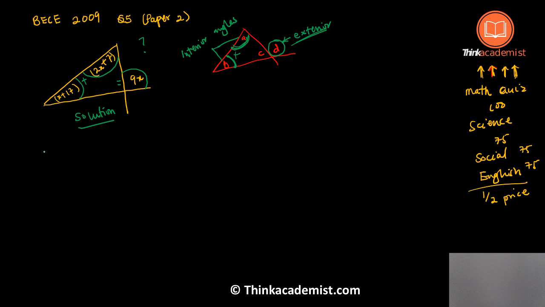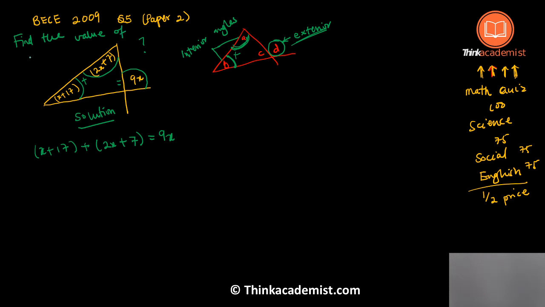So it becomes x plus 17. Let's put it in brackets because it was in brackets. Sum means addition, so we are going to add 2x plus 7 equals 9x. Now the question is saying that we should find the value of x.